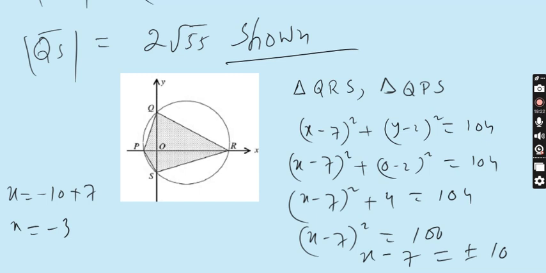Therefore I took only the negative value. So coordinates of P are (minus 3, 0).